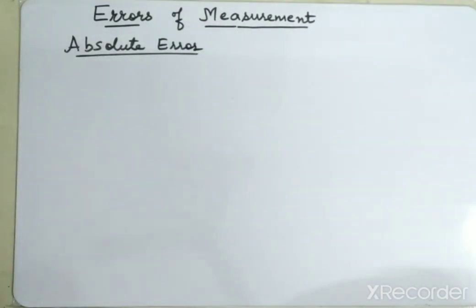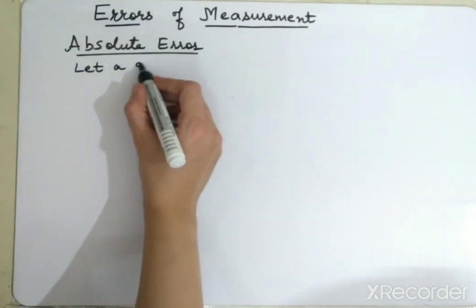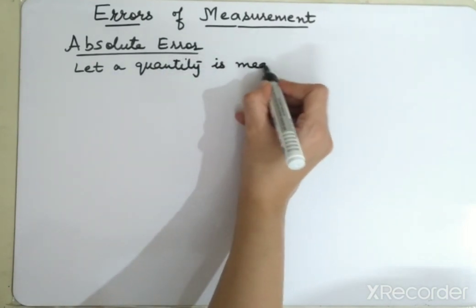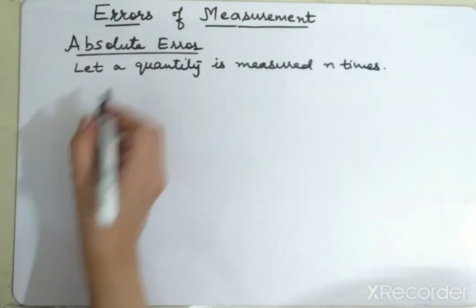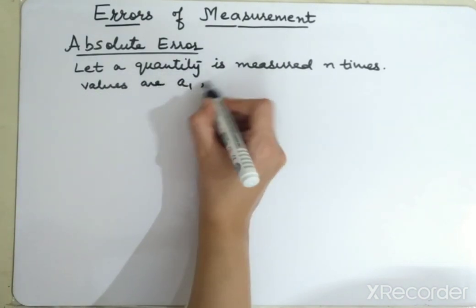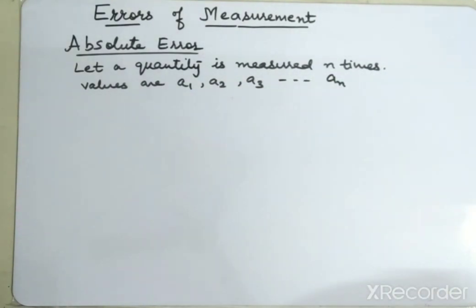Absolute error in the measurement of a physical quantity is the magnitude of the difference between the true value and the individual measured value of the quantity. Now let us say that a quantity is measured n times, and the measured values are A1, A2, A3 and so on up to AN.